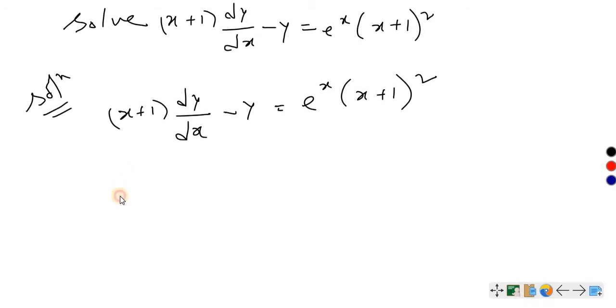Simply you divide both sides by x plus 1, then we will get the format of a linear differential equation. So if I divide with x plus 1 on both sides, what am I going to get?